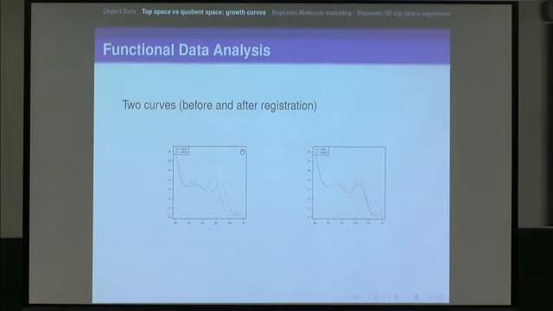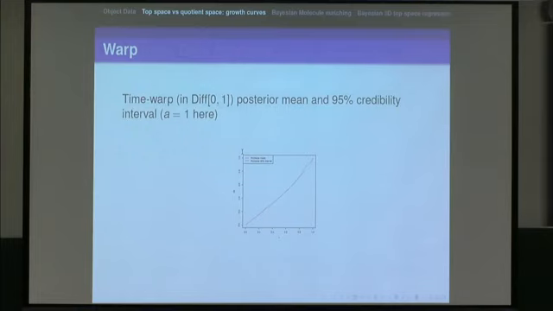Going back to this example, we've got 2 warps here after the registration. This was done using the model I've just described, and we ran a Bayesian Markov chain Monte Carlo simulation for the inference. This is the posterior distribution of the warping function.